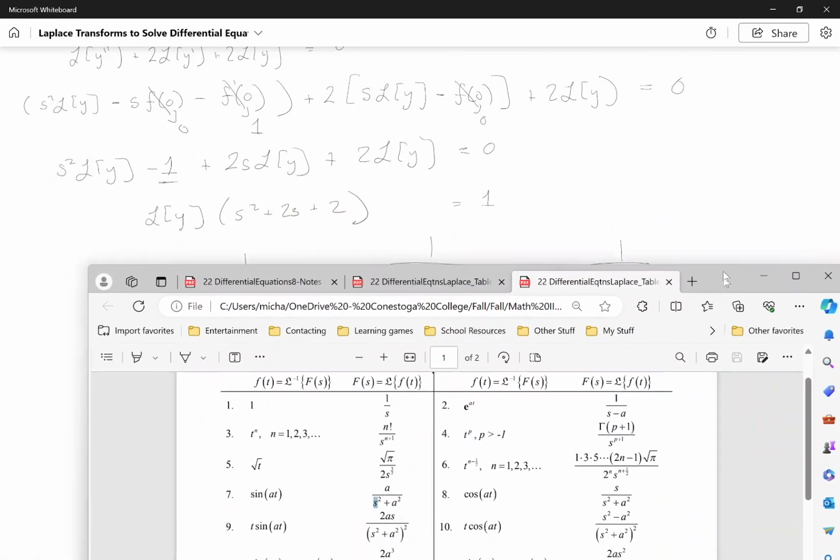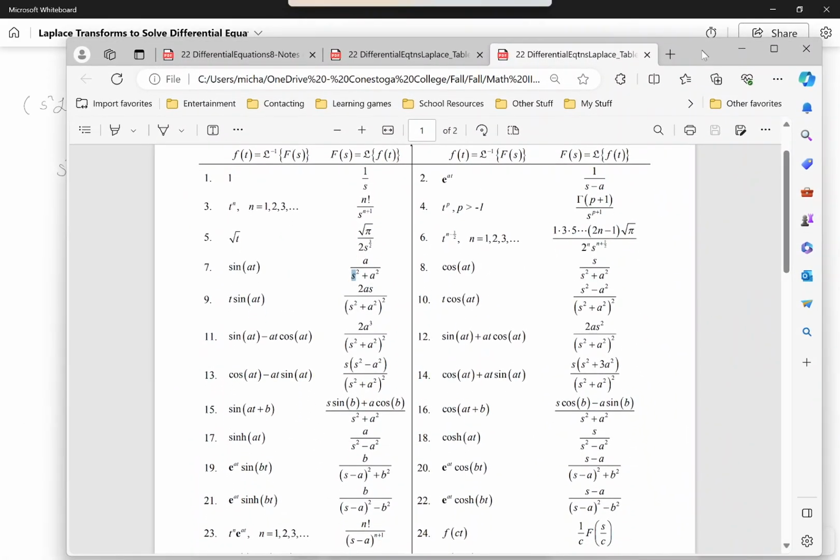We have an s plus 1 squared. Let me just go back here. Yeah, this one is very similar.